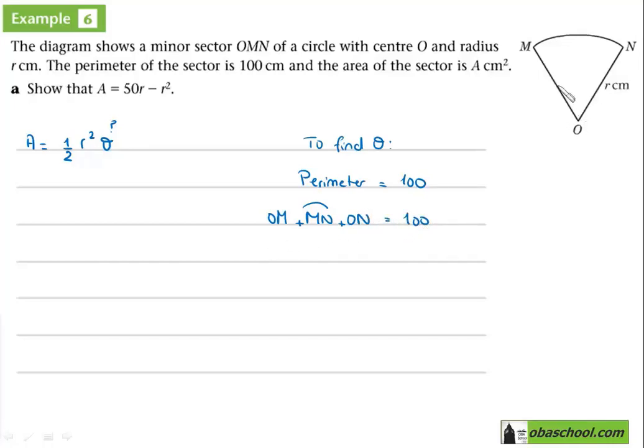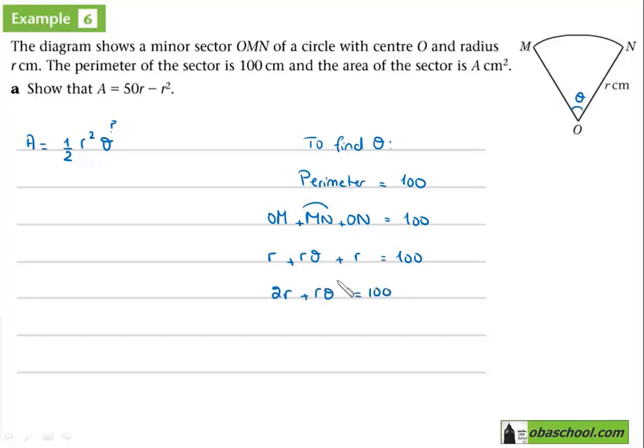The length for OM is the radius, plus MN, we will name this theta, so it is the arc opposite to theta. So it is r theta, plus ON, which is also r, equals to 100. 2r plus r theta equals 100.